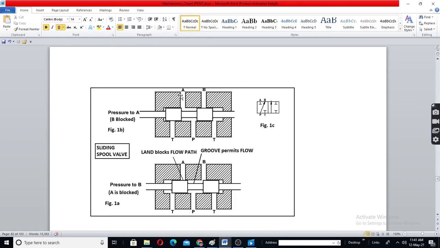Okay, this is a cylinder or a tube where holes are drilled to obtain ports which are connected to pipes. Pipe will be connected to these points. And inside the cylinder, we have a core or shaft which has multiple lands or lobes.